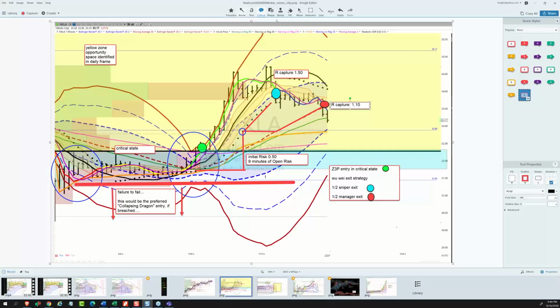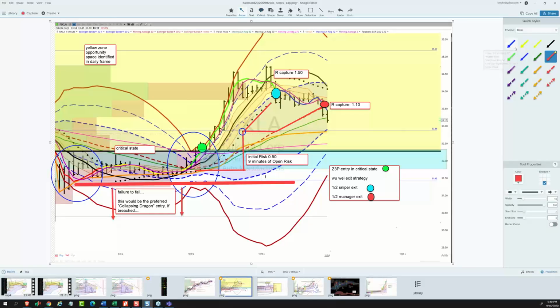Again, the points on a clean screen. This big yellow box was the opportunity space that we identified in the daily frame. This line here at the beginning of the opportunity space is a critical state. This little gap down creates the moment.